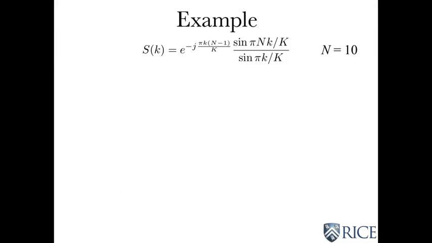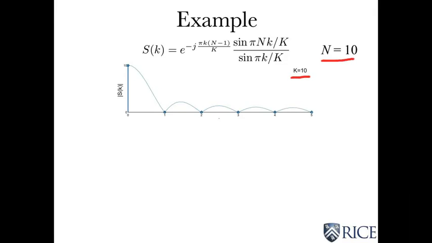So here's the sampled version of that digital sinc function and its linear phase. And here's what happens when you plot it for the case where the transform length is exactly equal to the duration. And I don't know if you can see it very well, but there's a value at k equals 0, and all the other values, k equals 1, etc., all wind up being at the zeros of the digital sinc function.